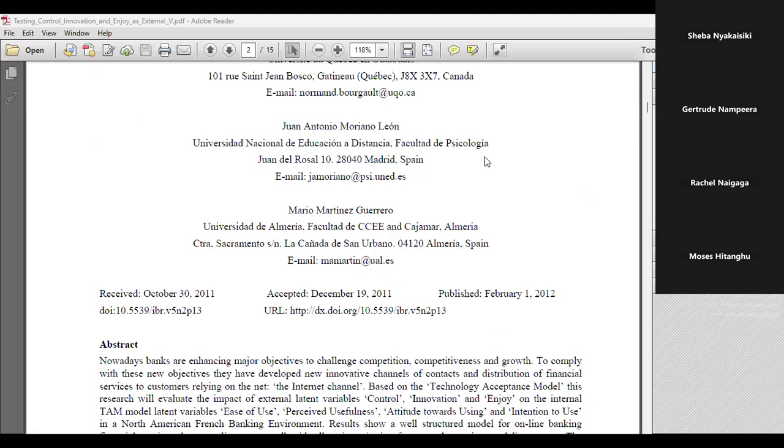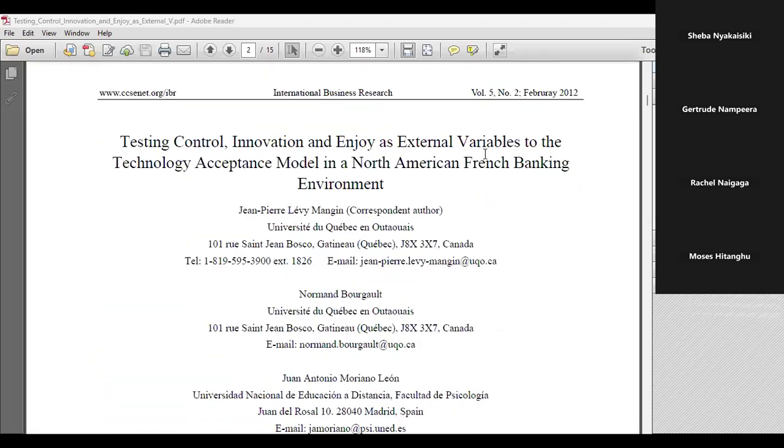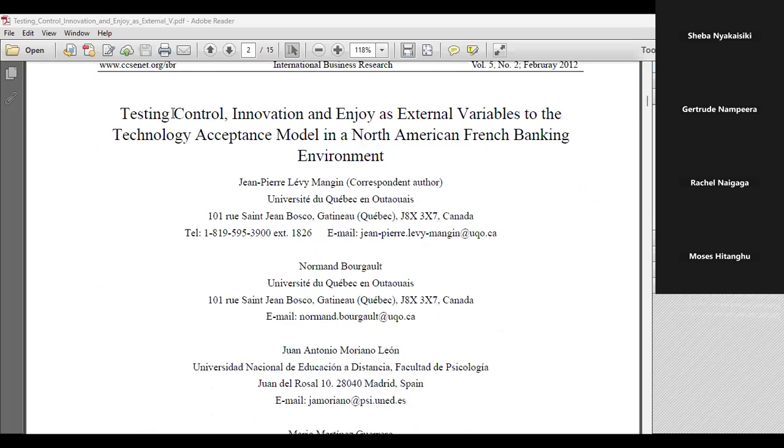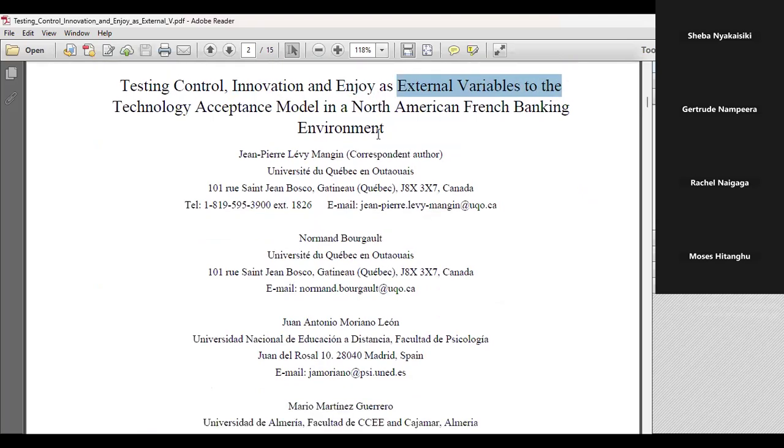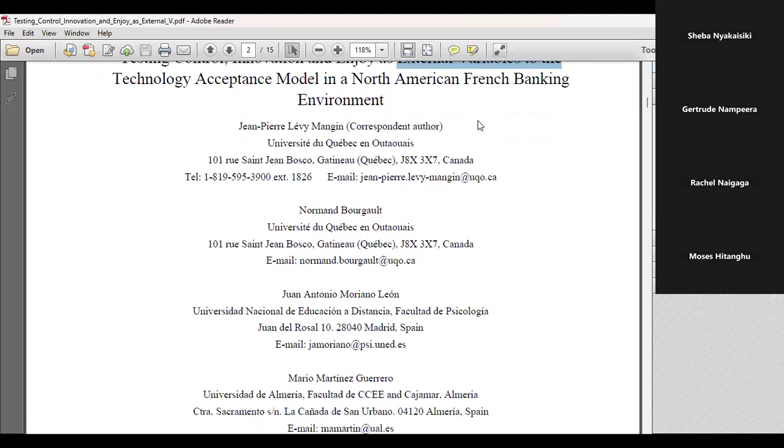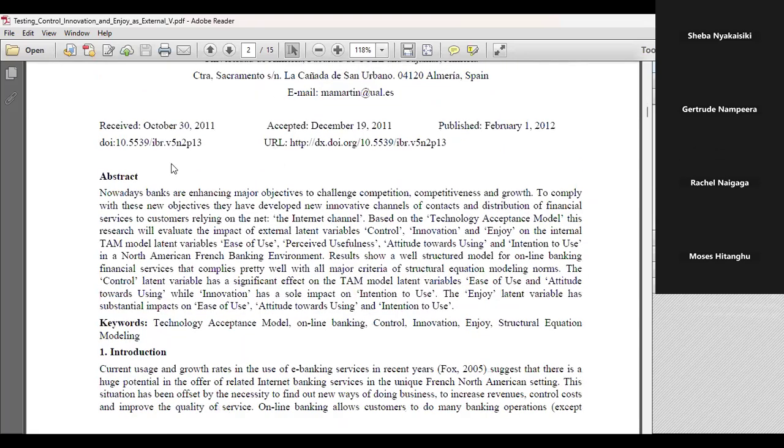It's not recent. It's 2012. It's testing control, innovation, and joy as external variables to the technology acceptance model in a North American French banking environment. So let's look at the abstract. It says nowadays banks are enhancing major objectives to challenge competition, competitiveness and growth.